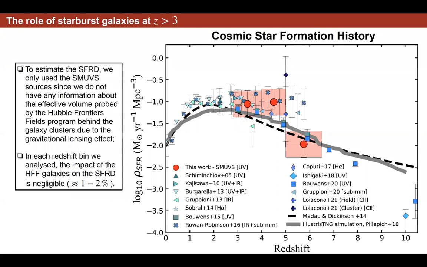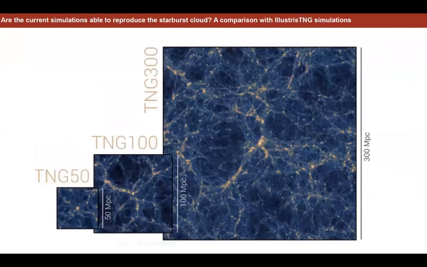I also show you here the comparison with the theory, with Madau and Dickinson 2014, and with the Illustris TNG simulation from Pillepich 2018. Then we asked ourselves, what happens if we compare our observations, our results, with one of the most prominent simulations that we can find on the market?